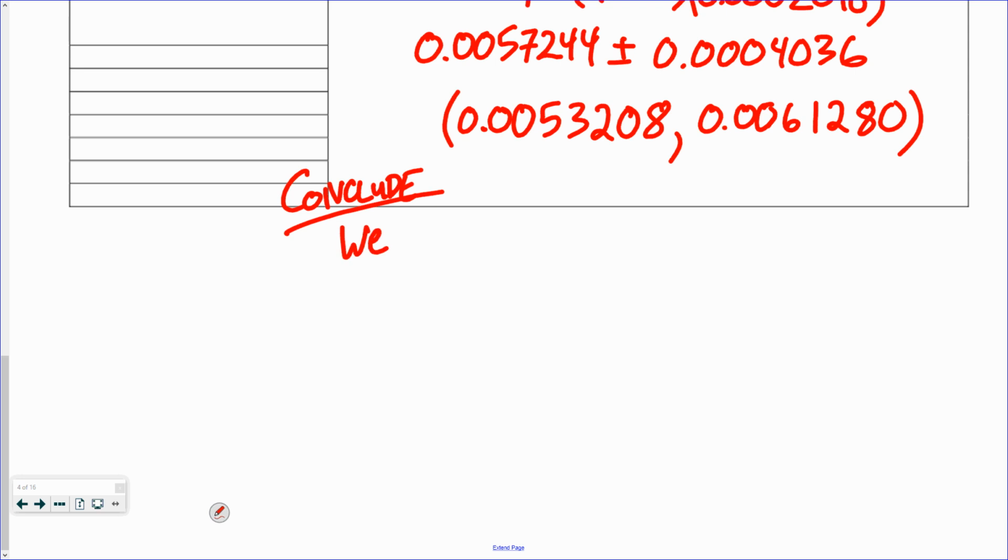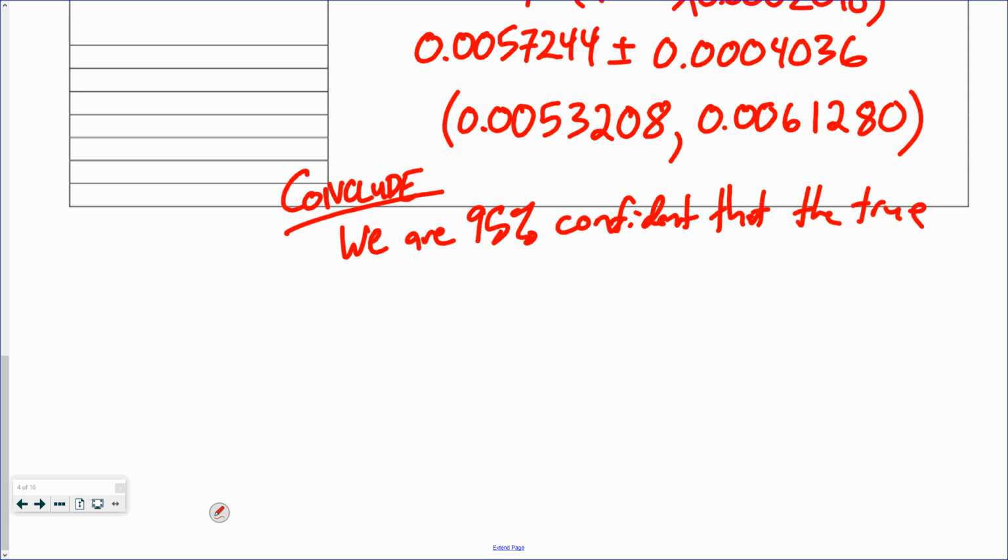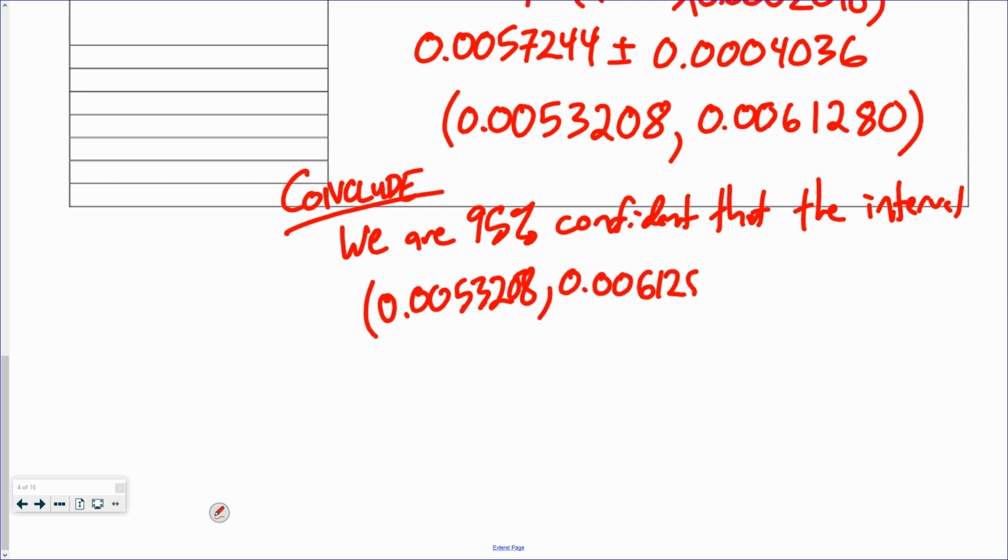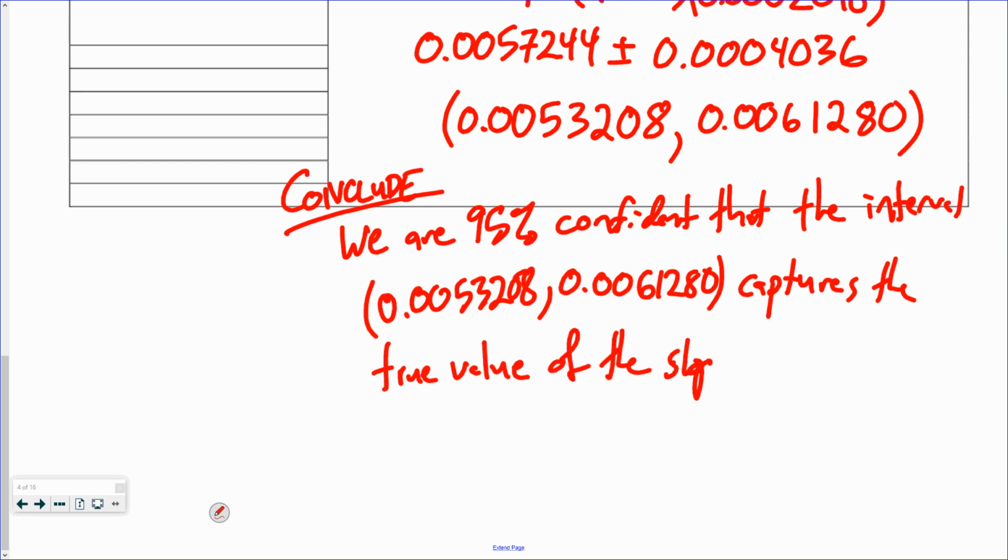That is, we are 95% confident that the interval, write the interval again, 0.0053208, comma, 0.0061280, captures the true value of the slope of the LSR line.